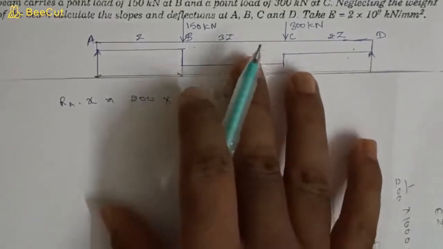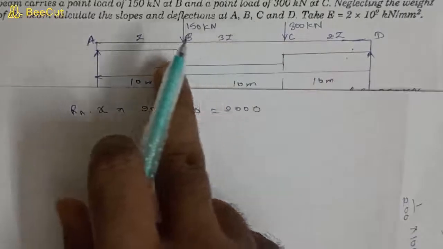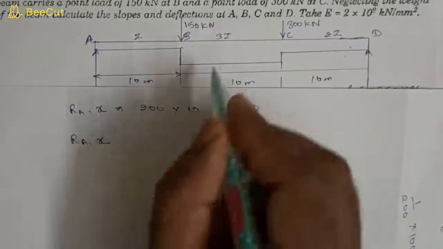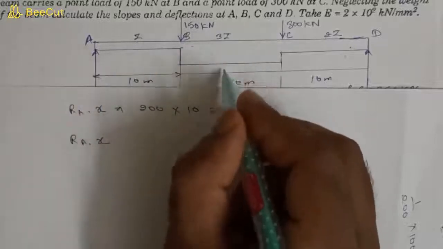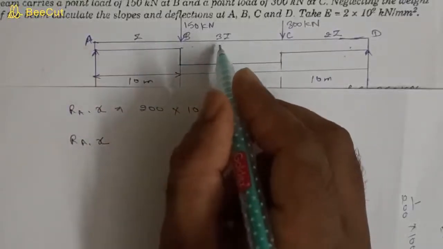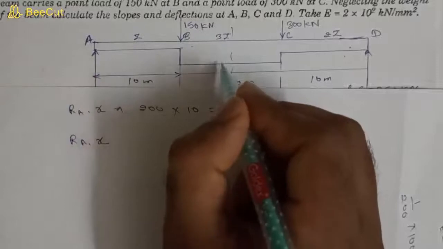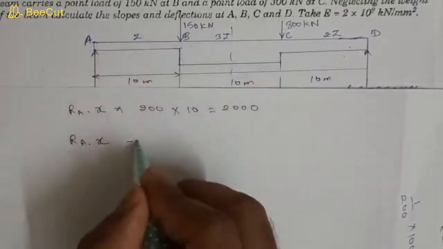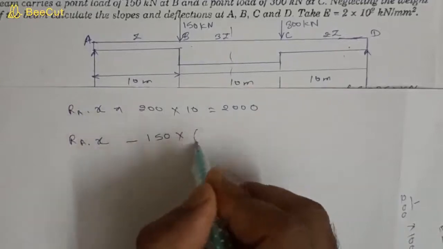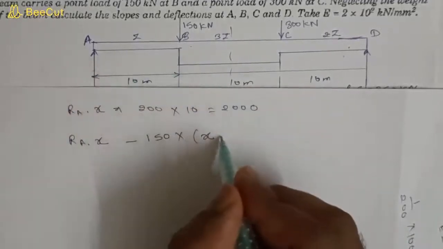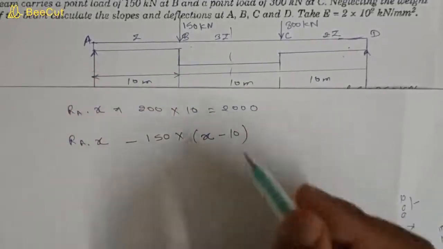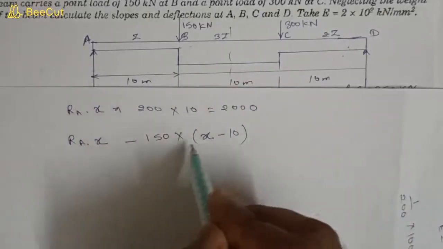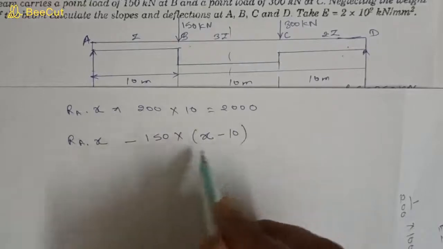Now the bending moment in this section will be RA into X. Suppose at X distance there is a section, then RA into X, and this load is at a distance from here, so RA into X minus 150 into X minus 10. So the bending moment is linear. You can see that it is only X, not X square or X cube, so it will be a linear inclined line.